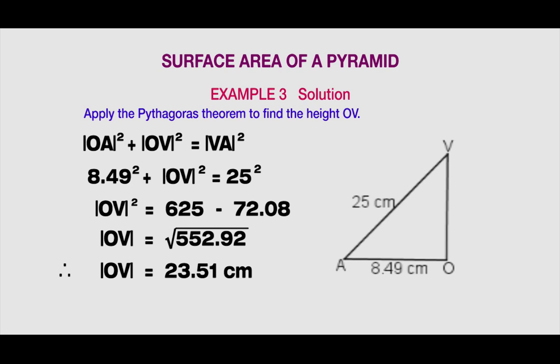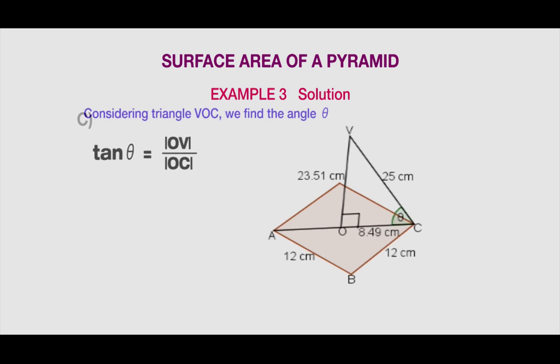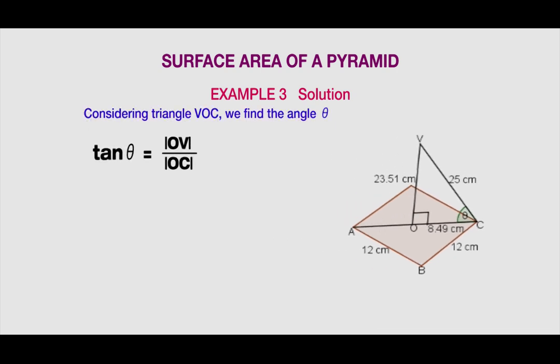And that gives us OV equals 23.51 centimeters. The next question, let's consider triangle VOC. We are to find the angle theta. Again, using our trig ratios, we can use tan theta equals OV divided by OC.